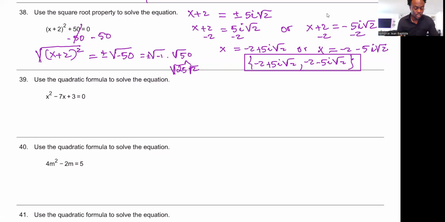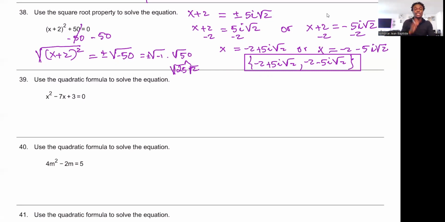So we did the review, the last problem in the review, which is about solving quadratic equations by the square root property. Solving a quadratic equation by the square root property means that you want to have something squared plus or minus a constant equals 0. The problem will have a square and a constant.